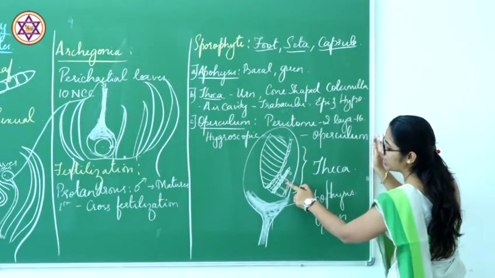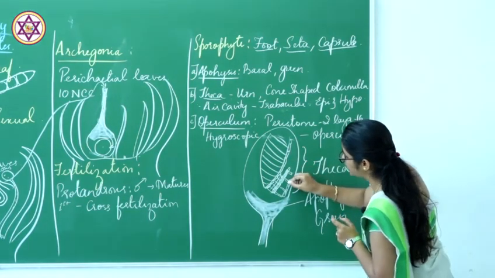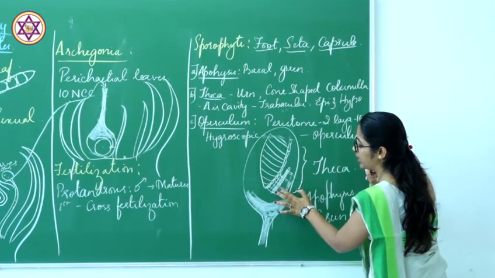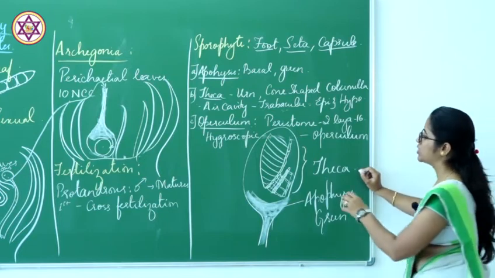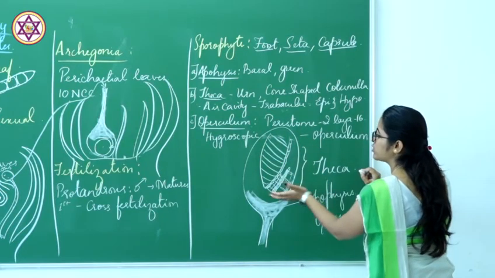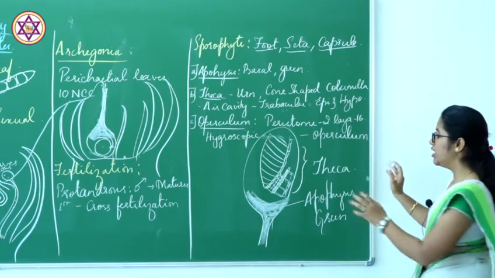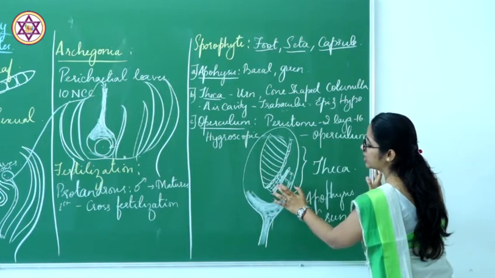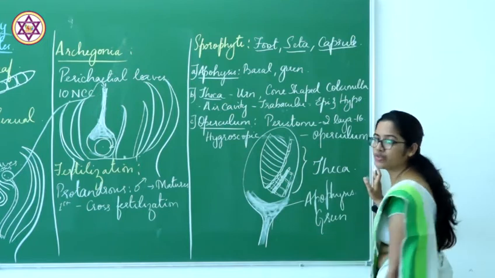Trabeculae are the thin, long vertical cells, and there is space in between, which is called the air cavity. So this is the theca region, which resembles an urn, a pot-like structure which consists of air cavity, sporogenous tissue and columella in that region.